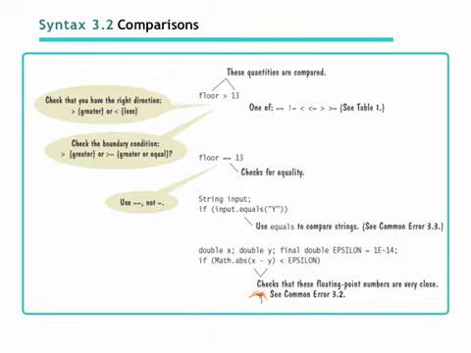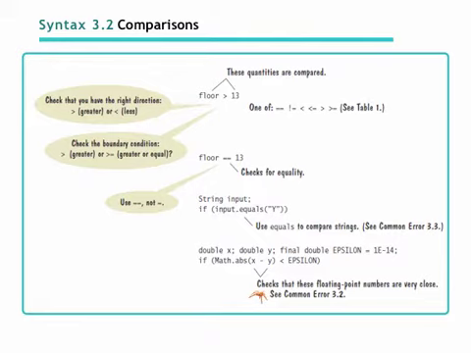In this case, if Math.abs(x - y) is less than epsilon. Epsilon is a constant that we created to stand for a very small number. Notice that it's 1e-14, so it's a very small number.